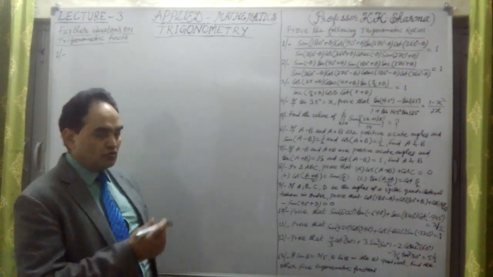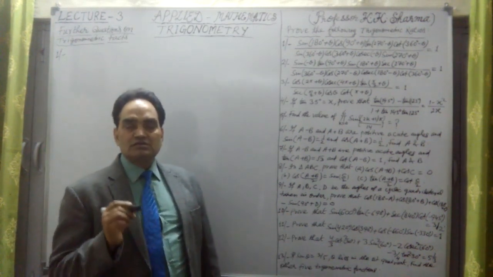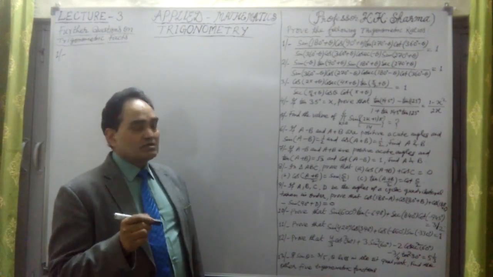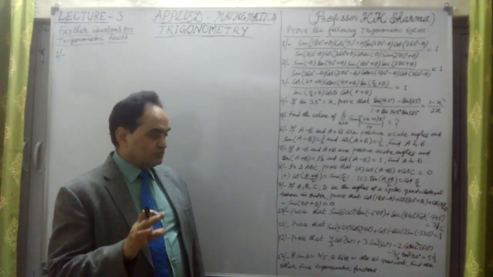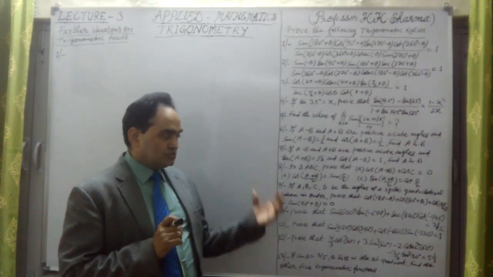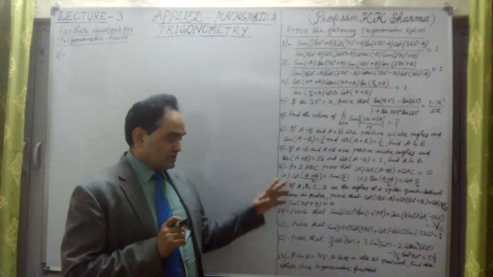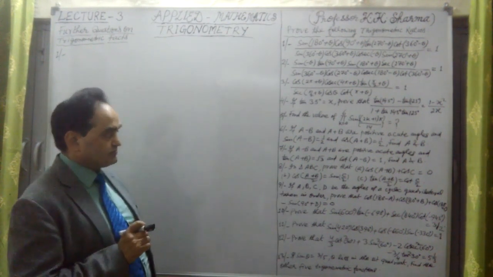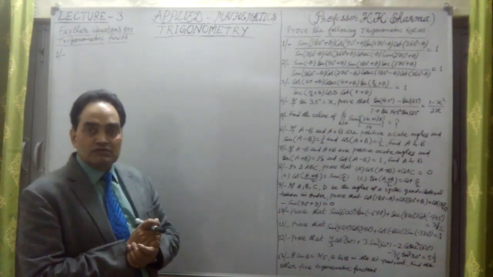All these basic facts regarding trigonometric ratios I have to talk about in a detailed discussion. First I had to take this, but I'll take it in the next lecture series. So let me take further questions.